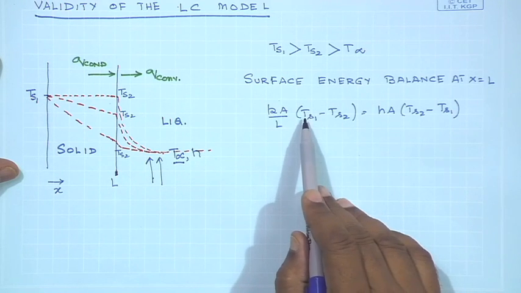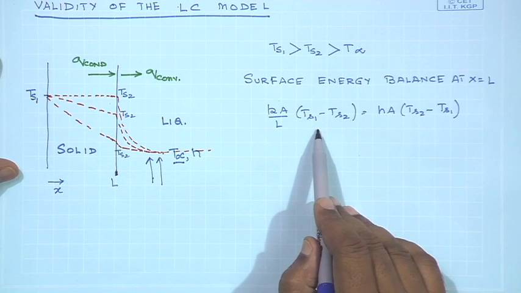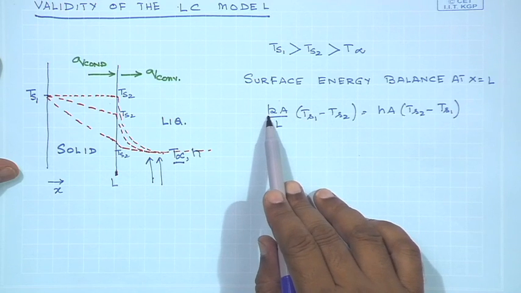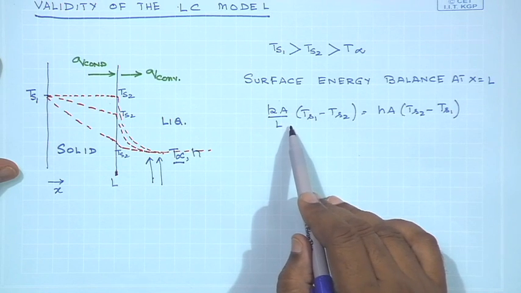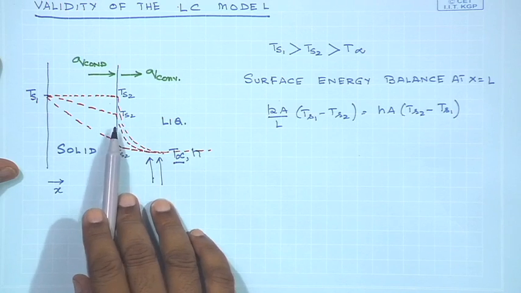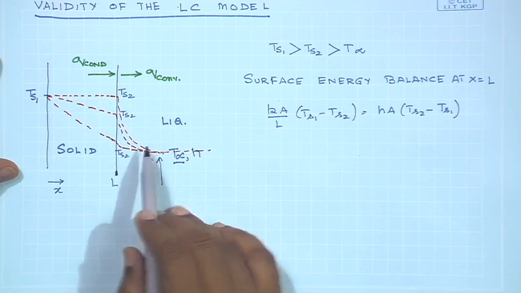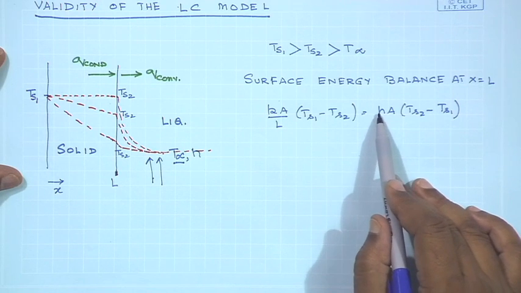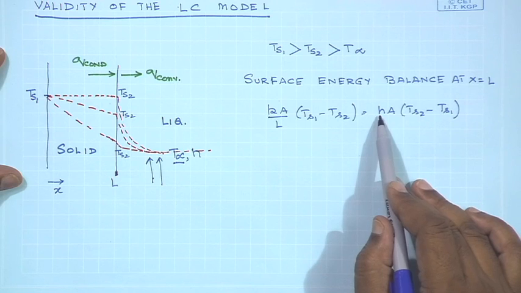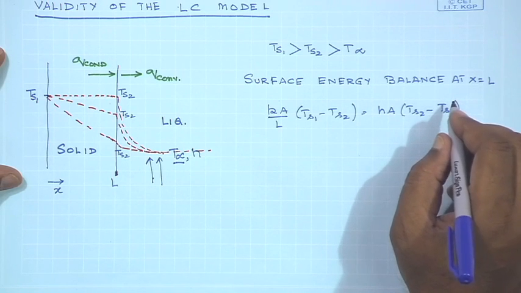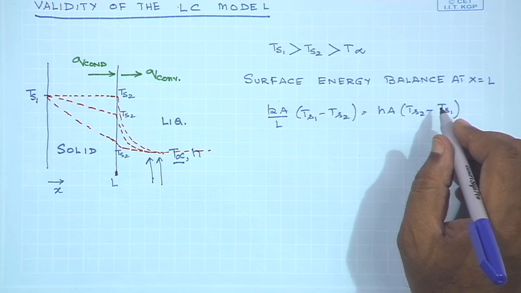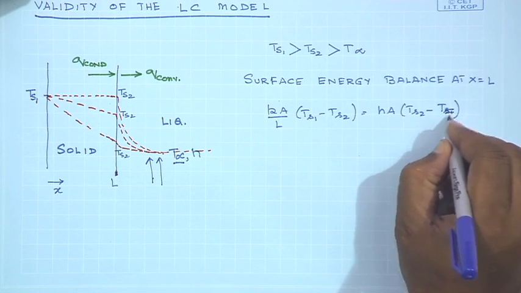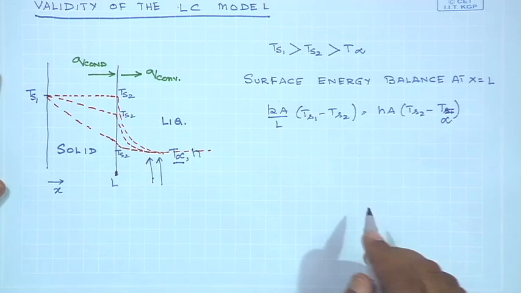So, Ts1 minus Ts2 divided by L essentially gives you the temperature gradient. The temperature gradient multiplied by the thermal conductivity and A would give you the heat flow from x equals 0 to x equals L. At the other side of the interface, this heat is going to be convected out by Newton's law of cooling, where h is the convective heat transfer coefficient, times A, times Ts2 minus T infinity.